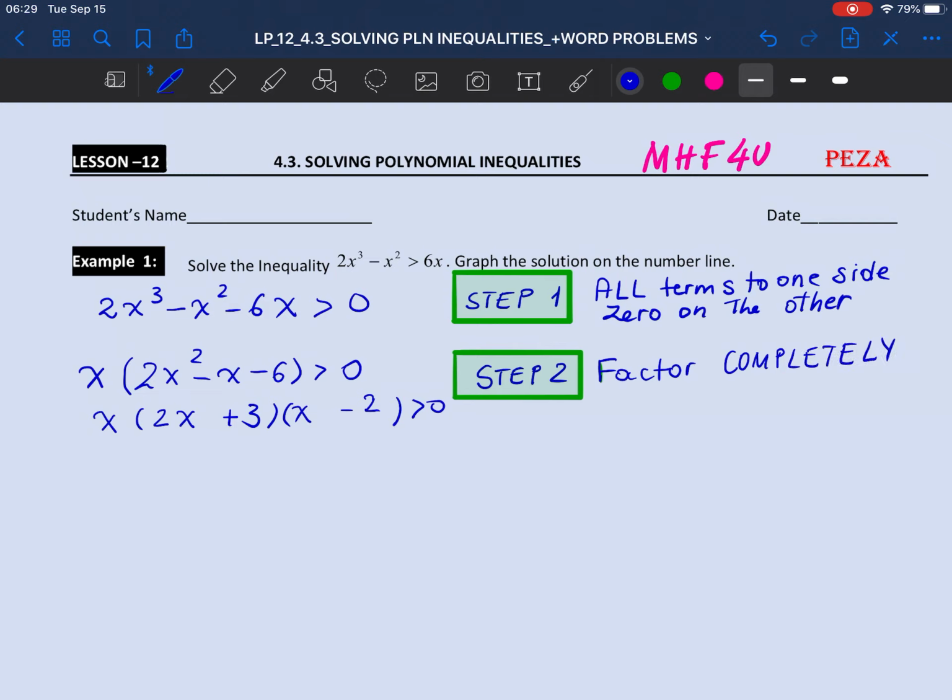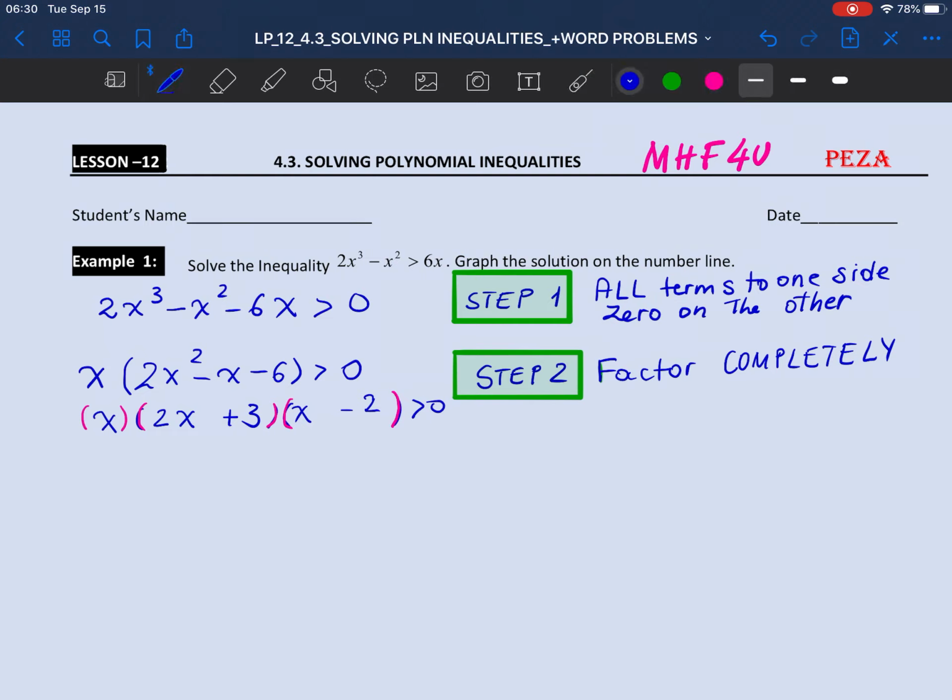Okay. So the next thing that we need to do here is find the zeros of each factor. So we have 1, 2, 3 factors. Now we want to study the sign of each factor, because what we are basically trying to do eventually is study the sign of the product. We want to know when this product is positive. And in order to find out when the product is positive, we will need to know when each factor will be either positive or negative.